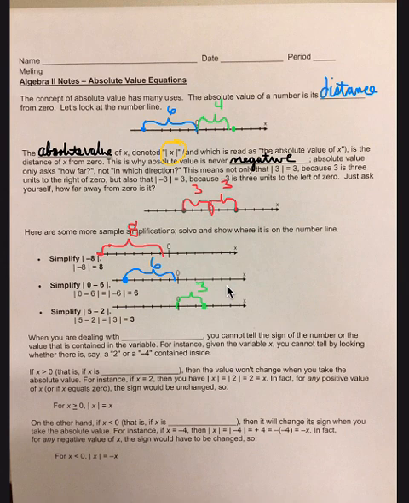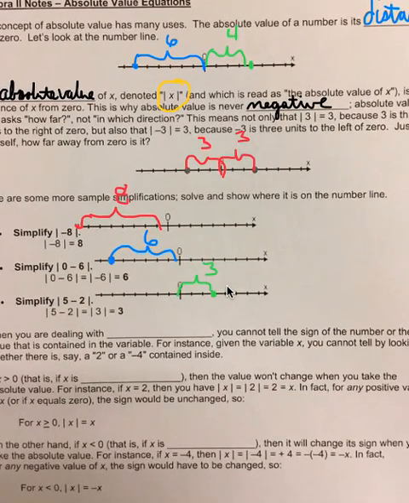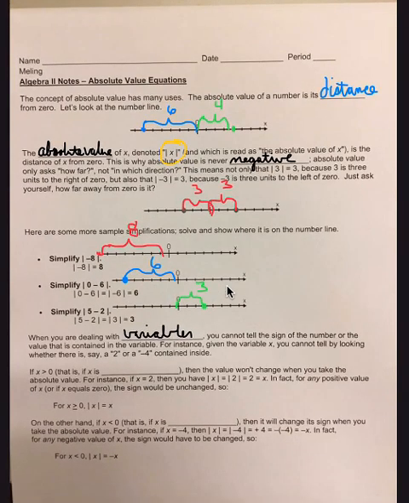Now, getting on to a little more difficult stuff, when you're dealing with variables like x and y, you cannot tell the sign of the number or the value that is contained in the variable. For instance, given the variable x, you don't know if it's positive or negative. If it's 2, -4, whatever it is, you don't know. So we have a few rules.